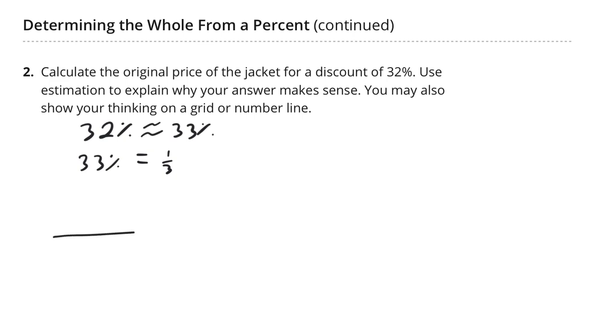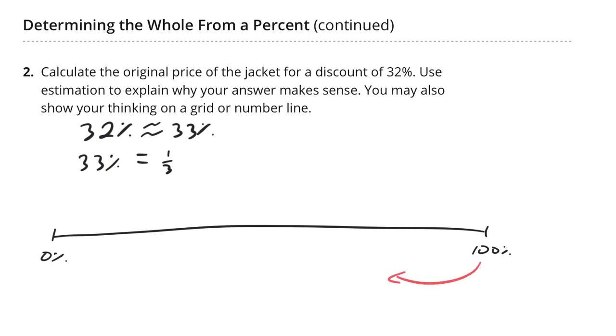So when I put that on my number line, then I know that if she had to take away 33%, she would end up paying exactly 67%. Okay, and that 67% would be $45.